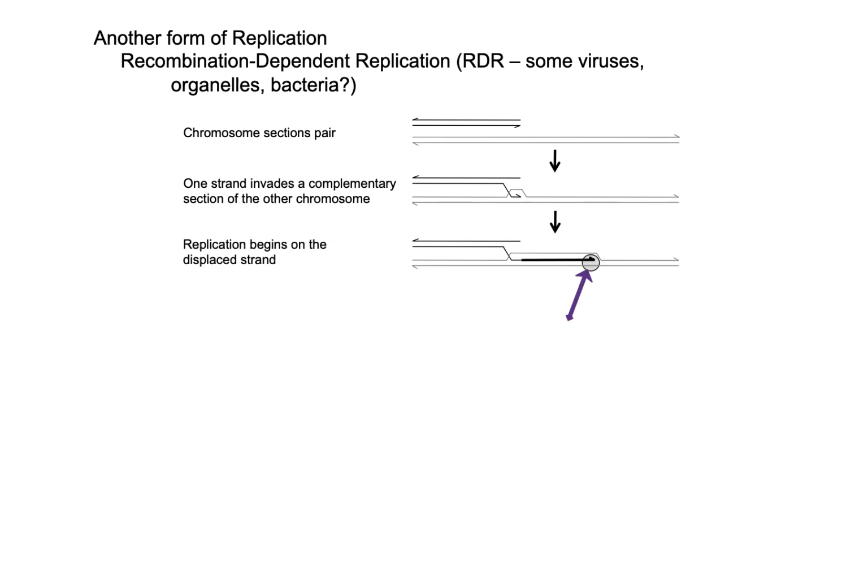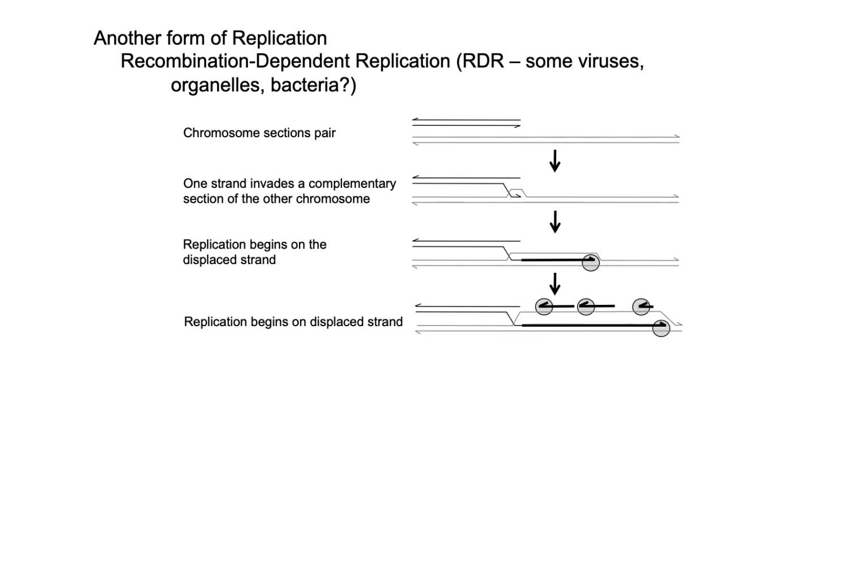Next, DNA polymerase can pop onto that site and begin replicating that strand from the template on the bottom. And then it leaves this single-stranded part of this DNA looped out in, again, what's called a D-loop, because in the microscope it looks like the letter D. And lagging strand replication can then begin on that displaced loop. So now you're getting replication on both of those strands to make new portions of those chromosomes.